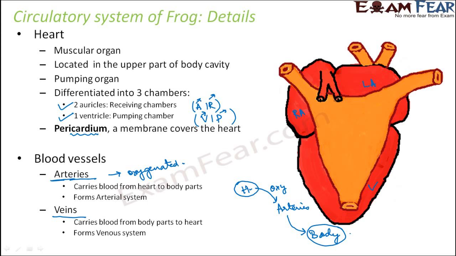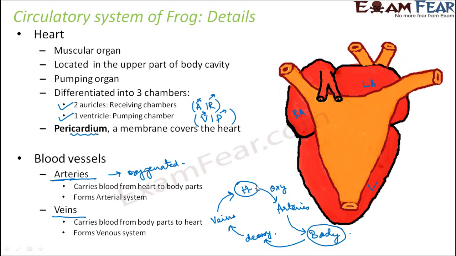So that blood which has less oxygen and more impurities or excreted products, that is the deoxygenated blood. So the body will give out deoxygenated blood, that is the blood which has less oxygen but more impurities. So this deoxygenated blood will be carried by the veins and the veins will carry it to the heart.